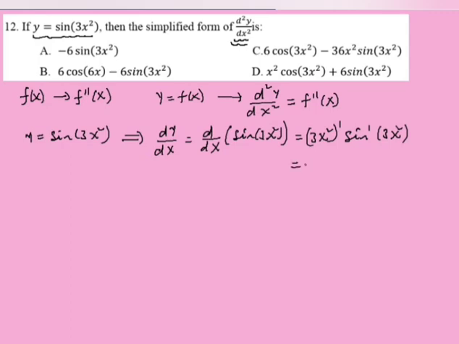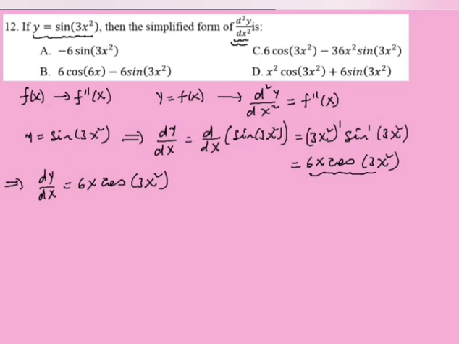So this is 6x cosine of 3x squared. This is the first derivative. It is very simple: applying the chain rule for derivatives gives us this value, and the second derivative can be obtained from the first derivative.